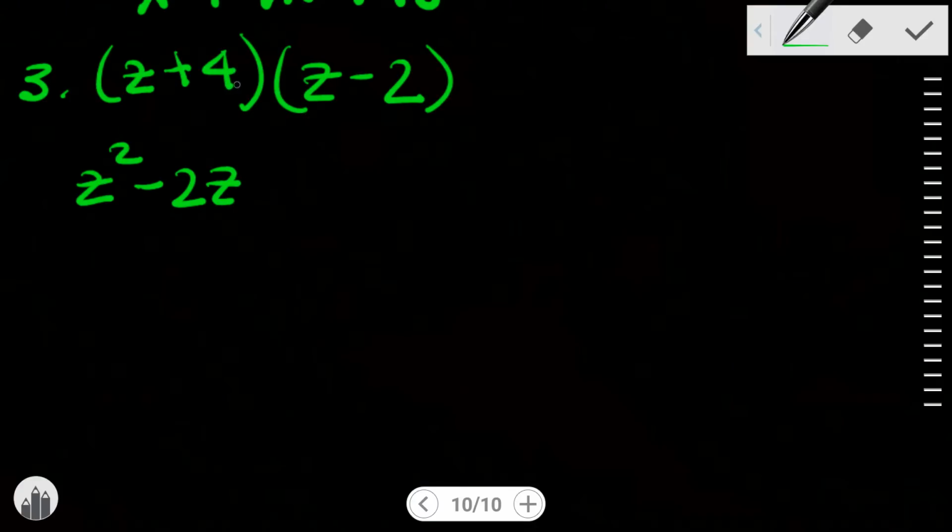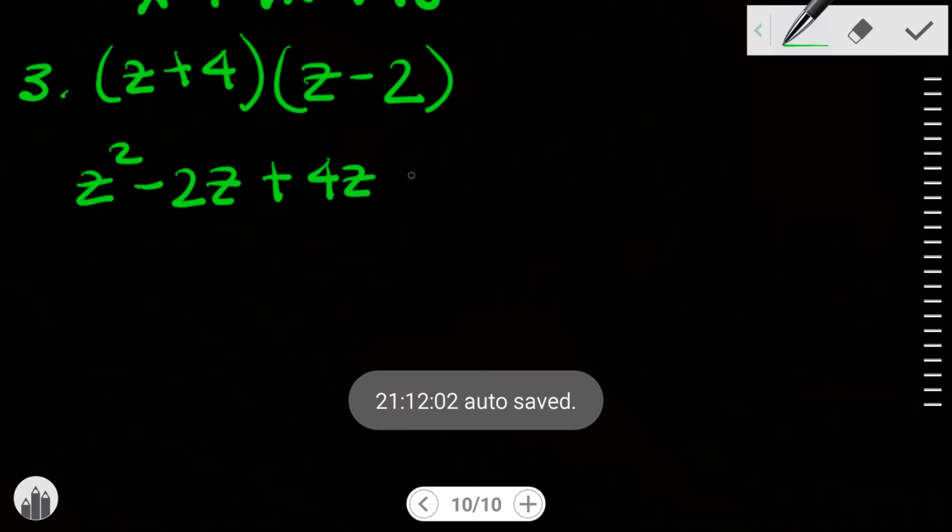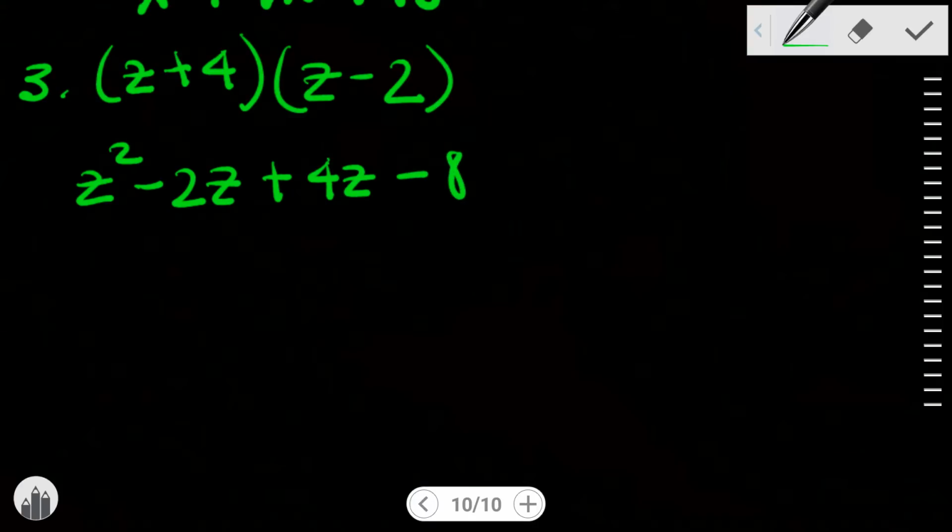And then you want to move over to the 4 now, which you're doing the inners. So 4 times z will get you a positive 4z. And doing the last now, 4 times negative 2 will get you negative 8. So going ahead and simplifying, you will end up with z squared plus 2z minus 8.